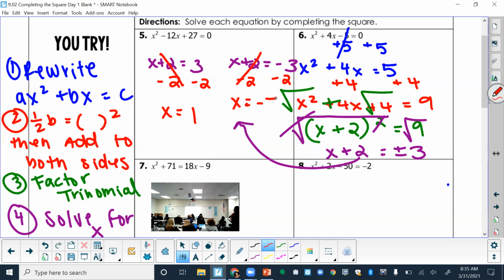If you're not sure, use a calculator, but it's negative 5. Then write your answer with those curly braces. Now, the x values that make this true are 1 and negative 5. Any questions?